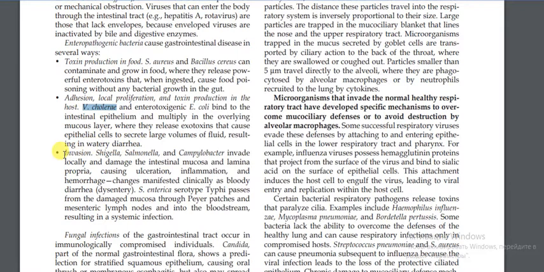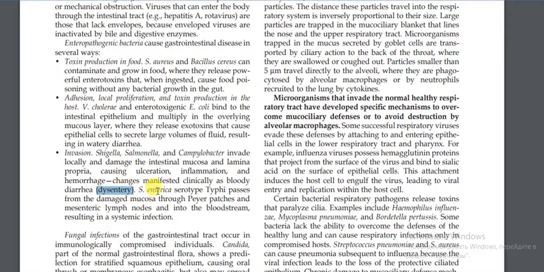And invasion. Adhesion is when it attaches to the surface, and invasion is when it penetrates deep into the mucosa. For example, Shigella, Salmonella, and Campylobacter invade locally and damage the intestinal mucosa and lamina propria, causing ulceration, inflammation, and hemorrhage. Changes manifest clinically as bloody diarrhea, and another name for this syndrome is dysentery.